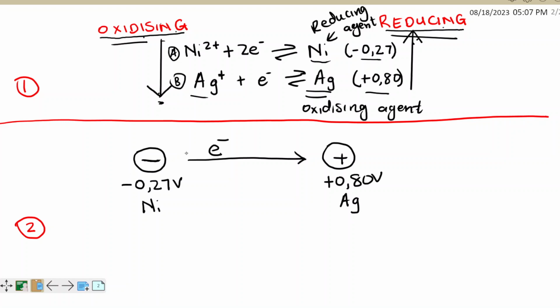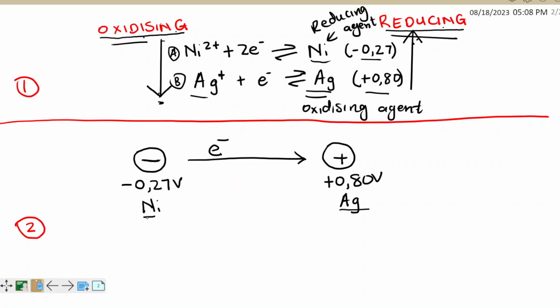So if electrons are moving from the lower region to the higher regions, that means electrons are moving from nickel to silver. So the nickel in this case is losing electrons. The nickel is losing electrons and the silver is gaining electrons, because electrons are moving from left to right, or from negative to positive, or from lower energy region to the higher potential energy region.